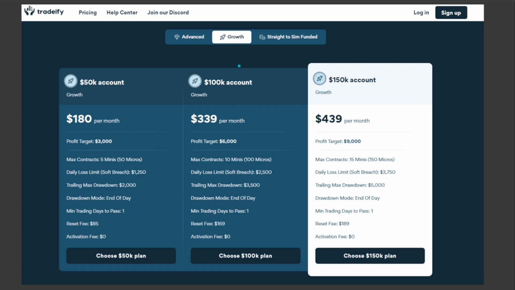And lastly, higher prices for the straight to sim funded and with lower risk, because here you have lower consistency rules. I'm able to go risk averse to a payout.